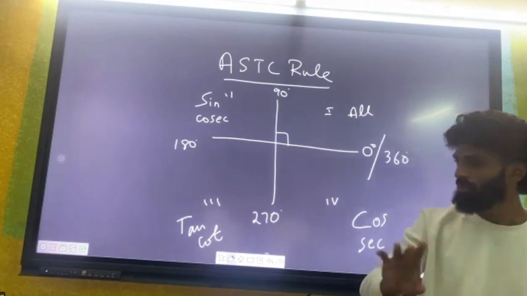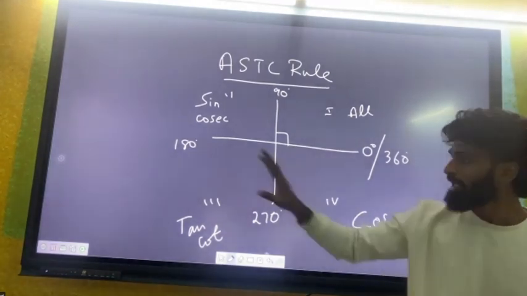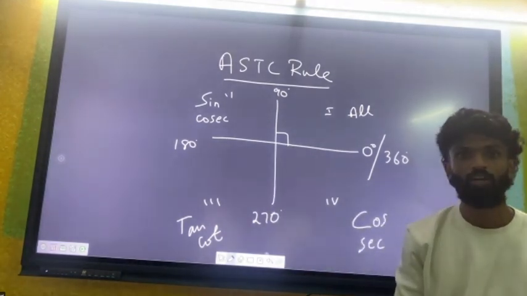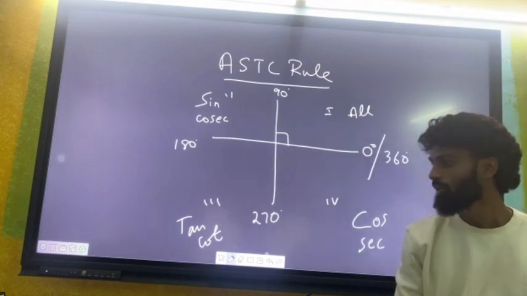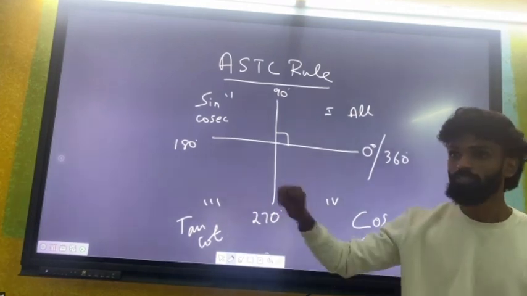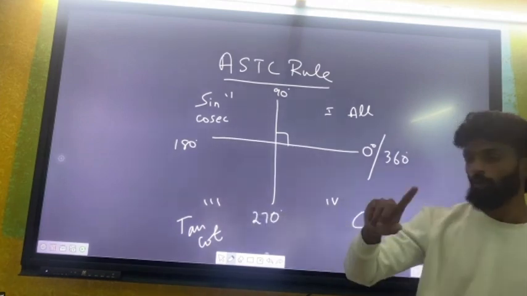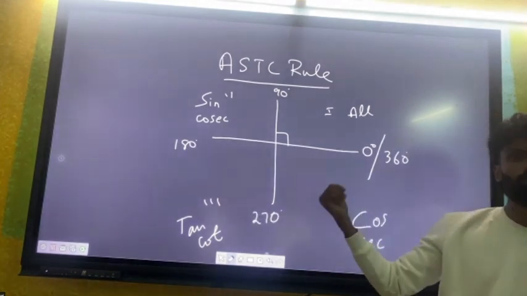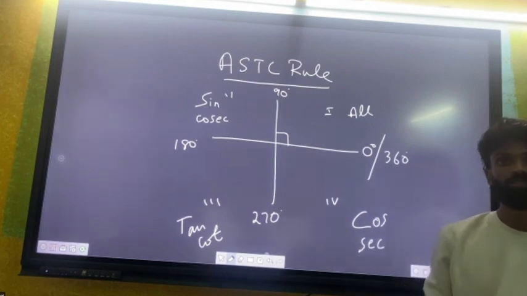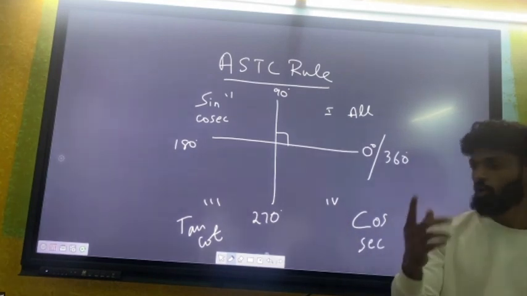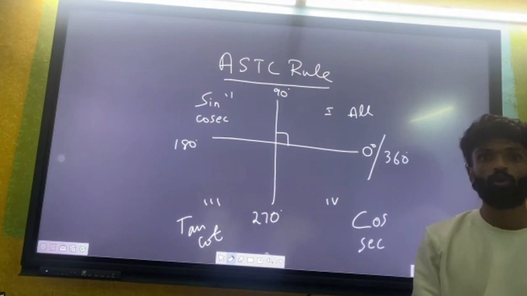If I ask you a question, cos in third quadrant is negative or positive? Cos negative. Cot positive. Getting it? Now, let's talk about the same concept. If I come to fourth quadrant, secant is positive or negative? Positive. Let's talk about cot now.